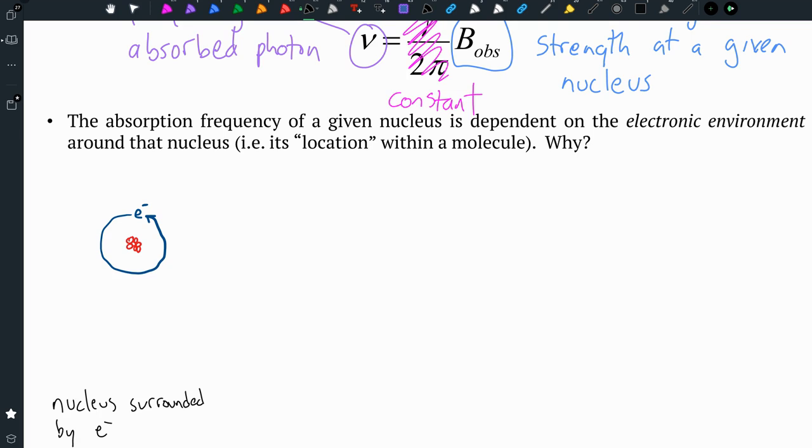And when we apply a magnetic field, so I have my applied magnetic field, what happens is electrons will start to circulate in a way that opposes the magnetic field. So this drawing here is representing the electrons circulating.